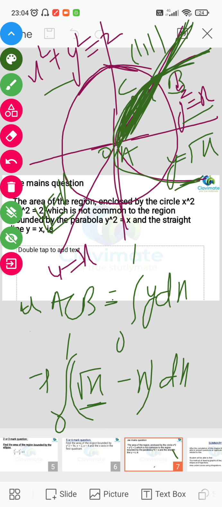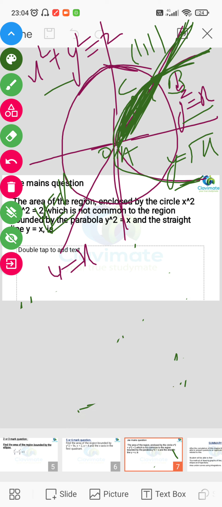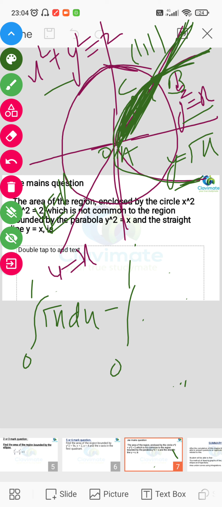Since y is equal to x, y is x. So it is root x minus x dx. Let us solve this further. It is integral 0 to 1 root x dx minus integral 0 to 1 x dx.